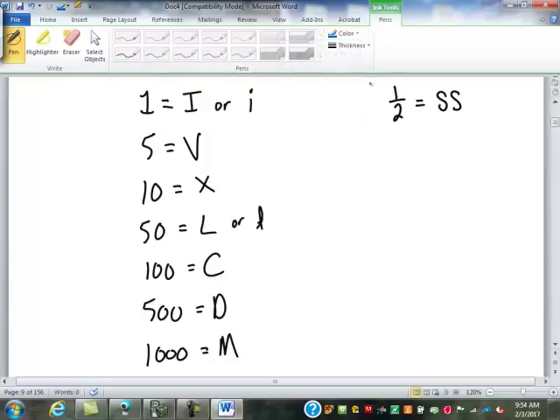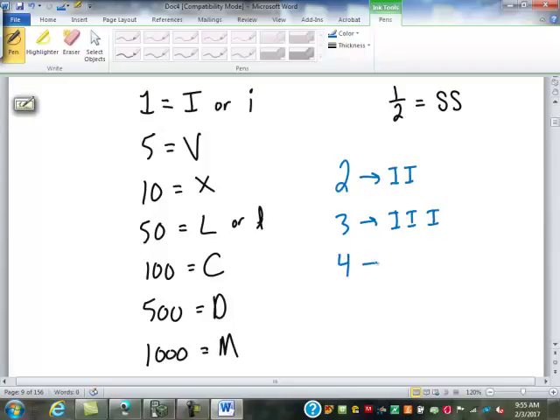Now in the Roman numeral system, it's an additive system. So if I want to express the number 2 in Roman numerals, I just put a 1 and a 1, makes 2. We're adding those together. The exception is they don't allow more than 3 of the same digit in a row. So expressing the number 3 is III. That's perfectly fine, 1 plus 1 plus 1.